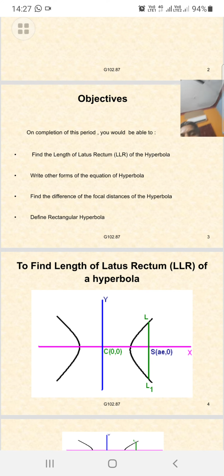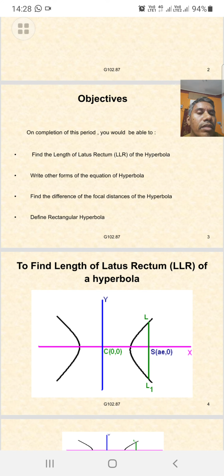If a and b are equal, it may look like a rectangle. Or if the axis lengths are equal, then its eccentricity becomes root 2. So in these two cases, it is called a rectangular hyperbola.